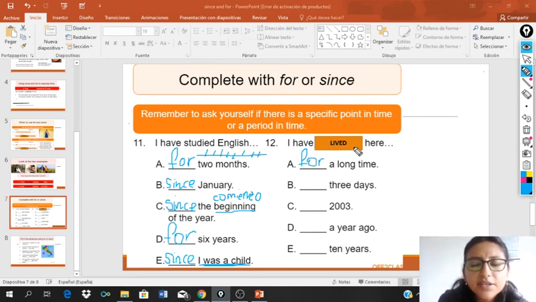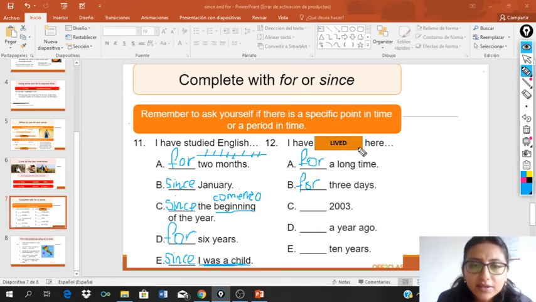I have lived here for 3 days or since 3 days. Period or exact point? Very good. For 3 days, because we're talking about three days, Monday, Tuesday, and Wednesday. We are not talking about a specific day. Okay?